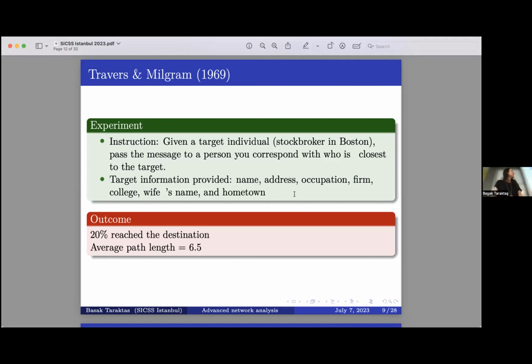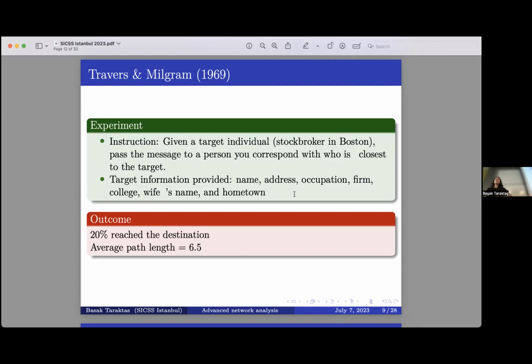So that's the experiment. And what really happens is, say I'm some farmer in Arizona, and I receive this letter. I don't know the stockbroker. So I forward the letter to the sheriff of the town because he's better connected. So that's connection 1. And the sheriff thinks, I don't know the stockbroker either. So I forward this letter to some other sheriff in a neighboring town because he has more connections than I do.